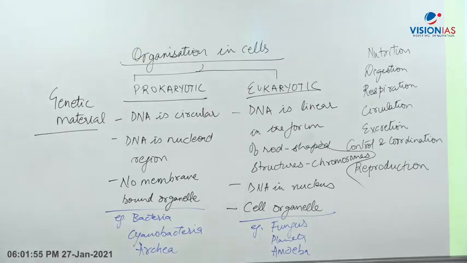The genetic material is circular and is present in the nucleoid region.